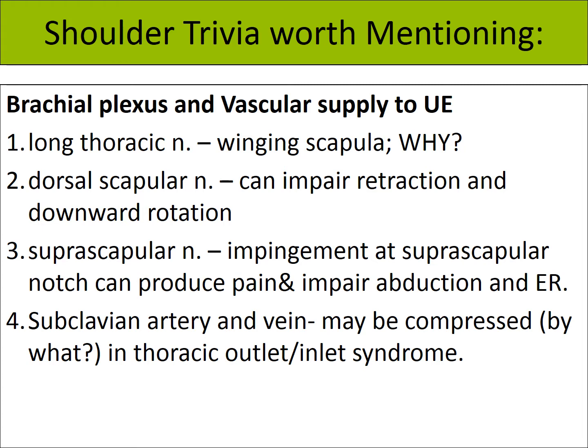And we're going to see then symptoms of numbness and tingling in the upper extremity due to lack of blood supply. This was called, in my day, thoracic outlet syndrome, and you'll still hear therapists or physicians refer to it that way, but now it is more called thoracic inlet syndrome. We'll discuss this in more detail when we get to the cervical spine.